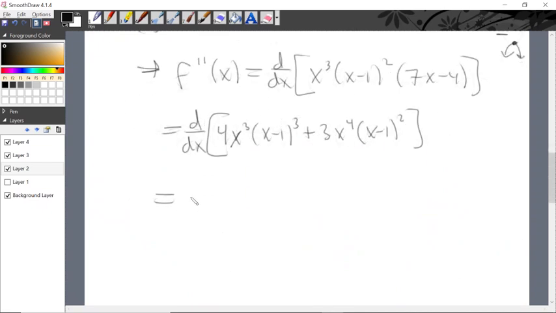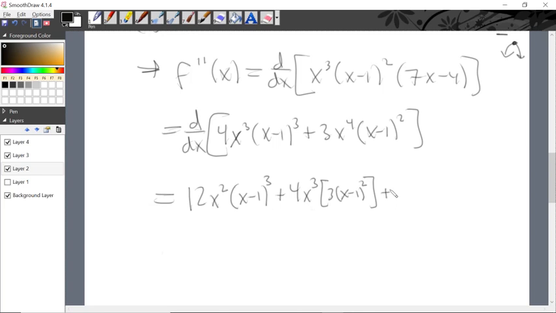So take the derivative of 4x cubed at the start, that's 12x squared, and then that's times (x minus 1) cubed, plus 4x cubed times the derivative of (x minus 1) cubed. So that's 3 times (x minus 1) squared.